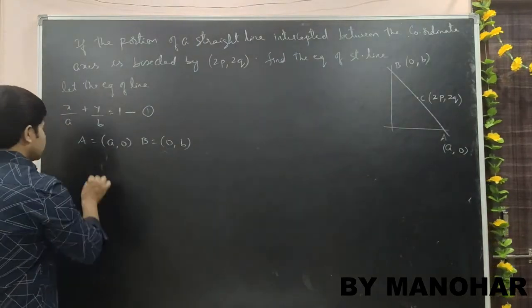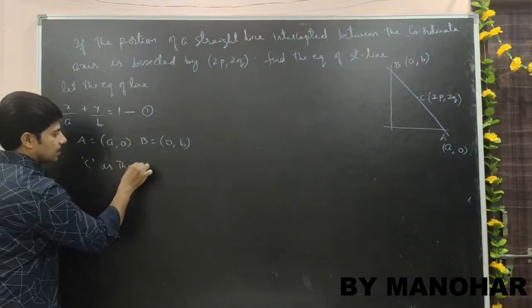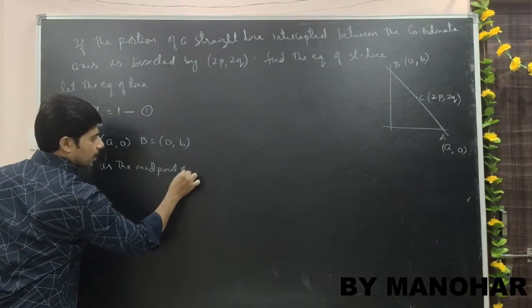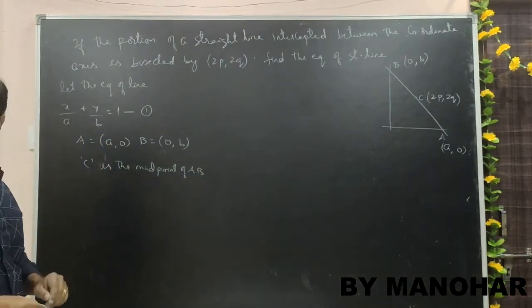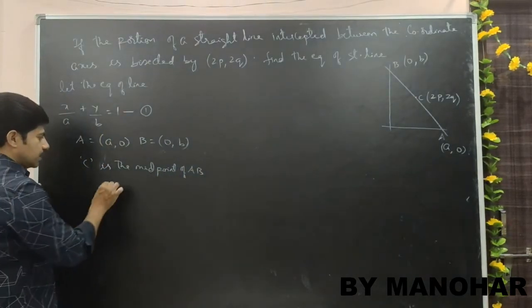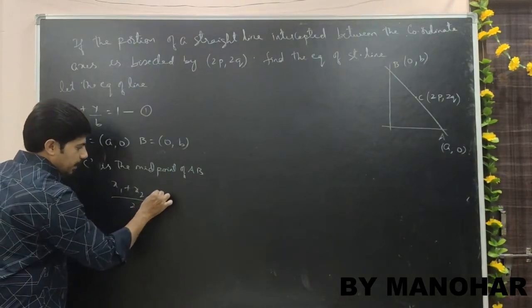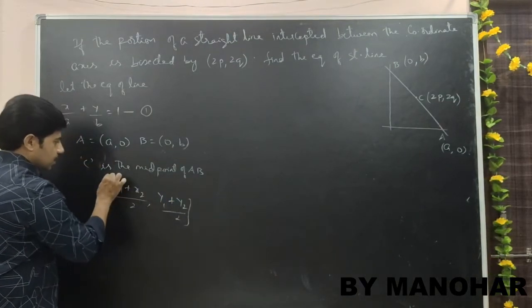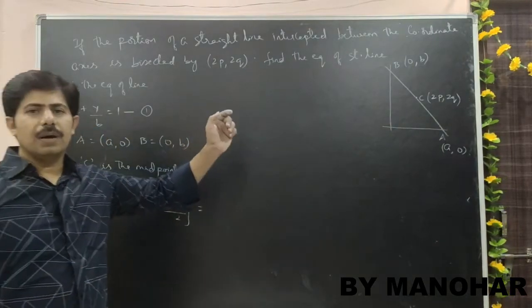Now what is C? C is the midpoint of AB. Now I'll write the midpoint: x1 plus x2 by 2, y1 plus y2 by 2. This midpoint is given as 2p comma 2q.